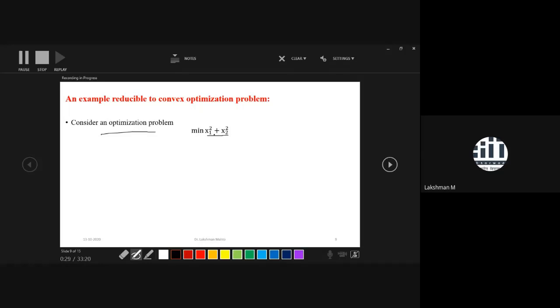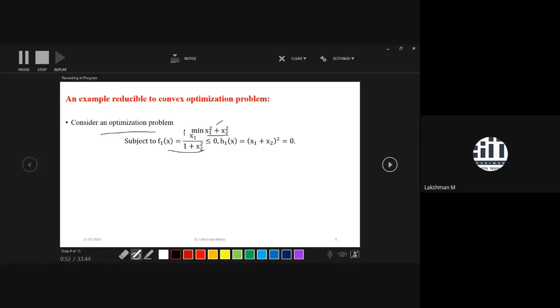Definitely you can say that this is a convex function from the second order characterization. Also, there are many tests. You can also apply the line search method to establish the convexity of this function. And subject to the constraint x1 divided by 1 plus x1 square. So this constraint function f1 is a non-convex function.